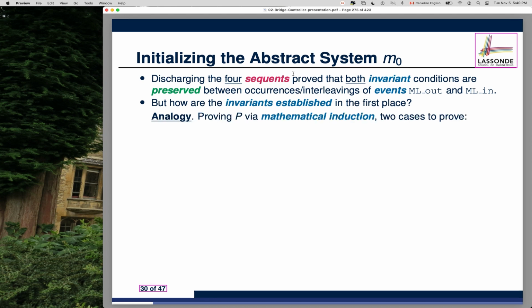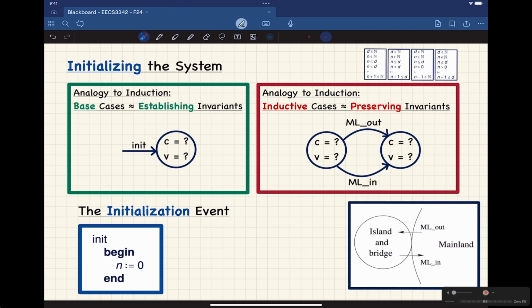And there's an analogy for you. I'm pretty sure you guys have seen mathematical induction, right? So it's really about inductive cases that we have done so far to do with preserving the invariants. We also need to make sure the base cases are also satisfied, right? That's about establishing the invariants. Right, so just some visual over here just to show you. You can think about this will be the init event that we want to focus on right now.